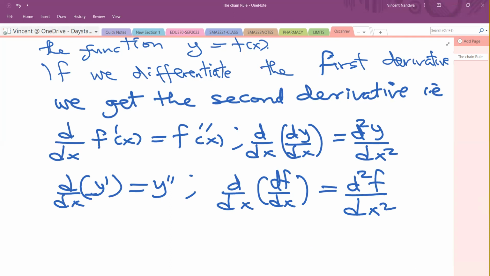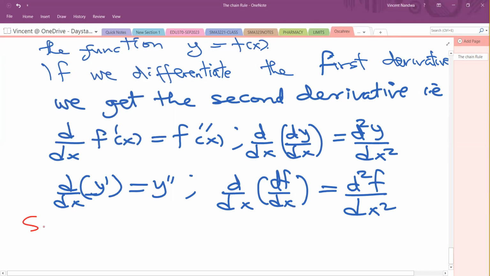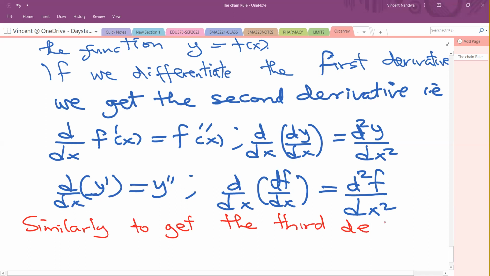And then similarly, to get the third derivative, we differentiate which derivative?